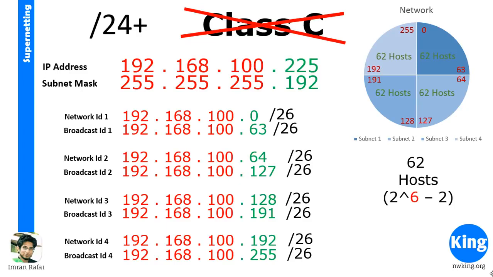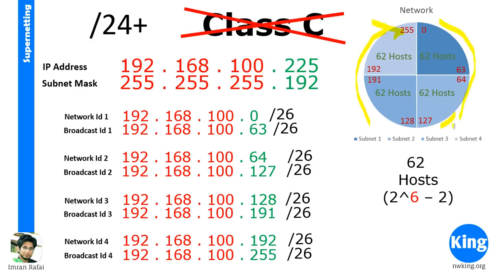Now, if you remember, in our last video we did subnetting, and we broke down this class C IP address into 4 networks. So 192.168.100.0, 100.64, 100.128, 100.192 were 4 different networks. Now we also know that 192.168.100.0/24, which is nothing but the class C network without subnetting, included all these IP addresses, right?